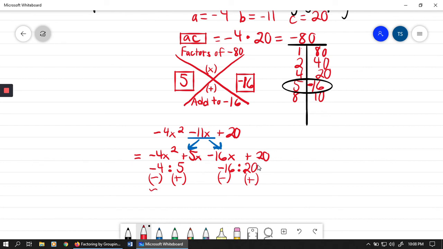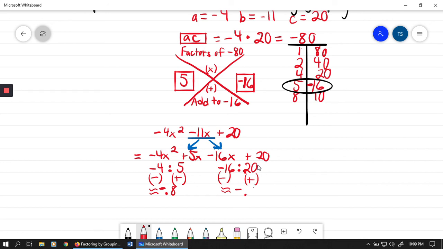Even though technically it's still equivalent, because if they were written out as a fraction they're both equal to negative 0.8 or negative 4/5. So they're equivalent, and we can factor by grouping, but I just want to point out that those signs are not the same.